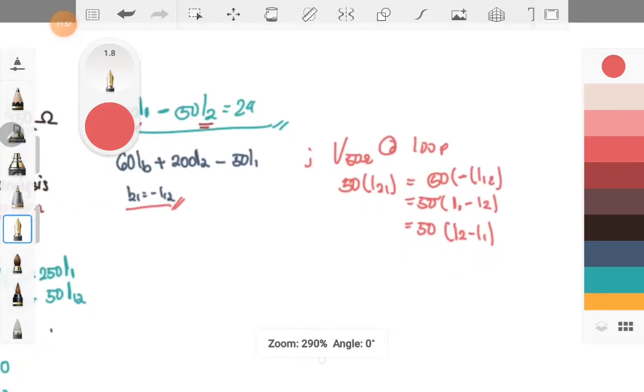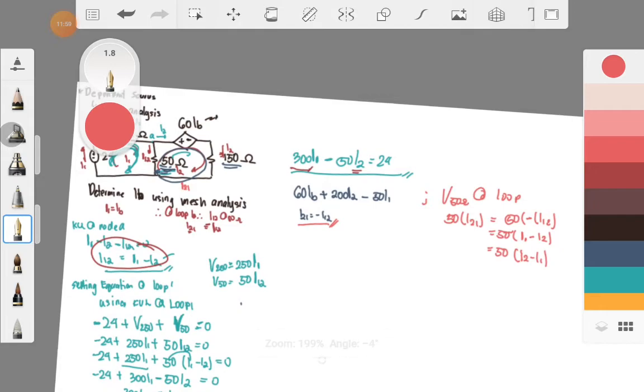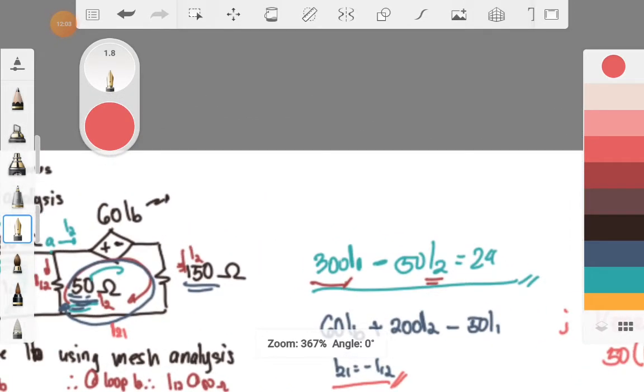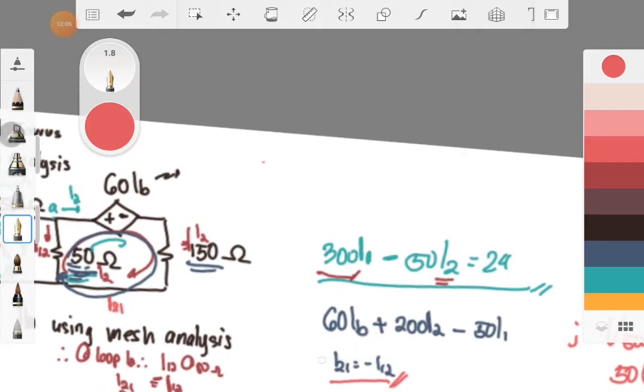Okay? So, pag nag-KVL tayo sa loop na yan, makikita nyo na we have positive 60 IB, which is your voltage dependent to IB, plus our 150 multiplied by I2, plus our 50 multiplied by I21.